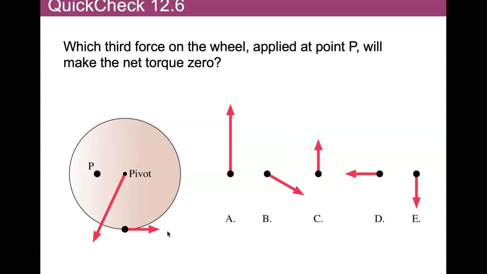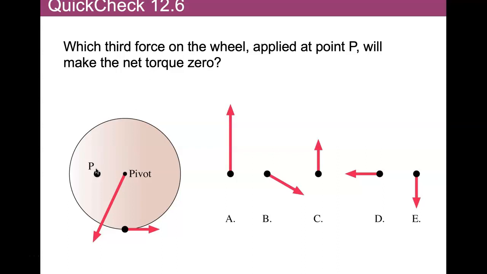So it wants to rotate the wheel this way. And the torque is the magnitude of this force times the radius of the wheel. So first of all, we want the force at P to cause clockwise rotation, right?